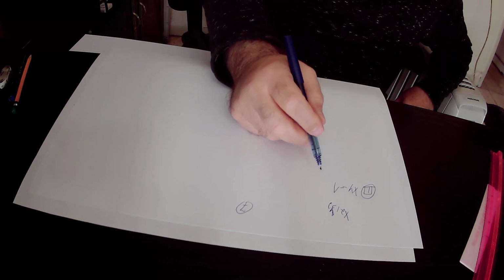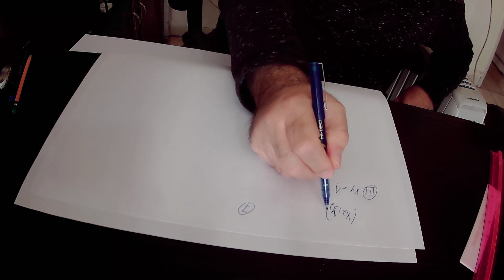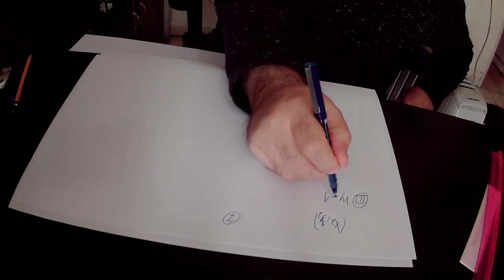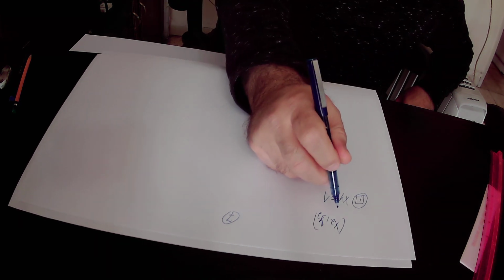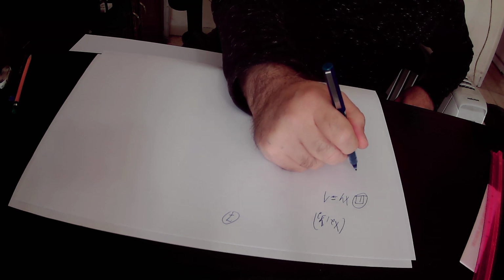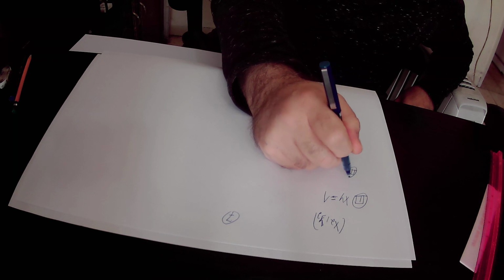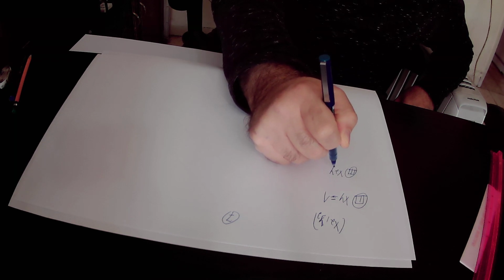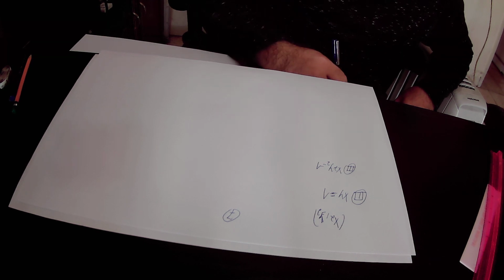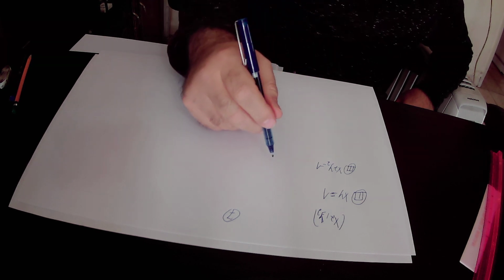So if we put x equal to x2 and y equal to y2, we get that x2 times y2 equals 1. What does it mean?